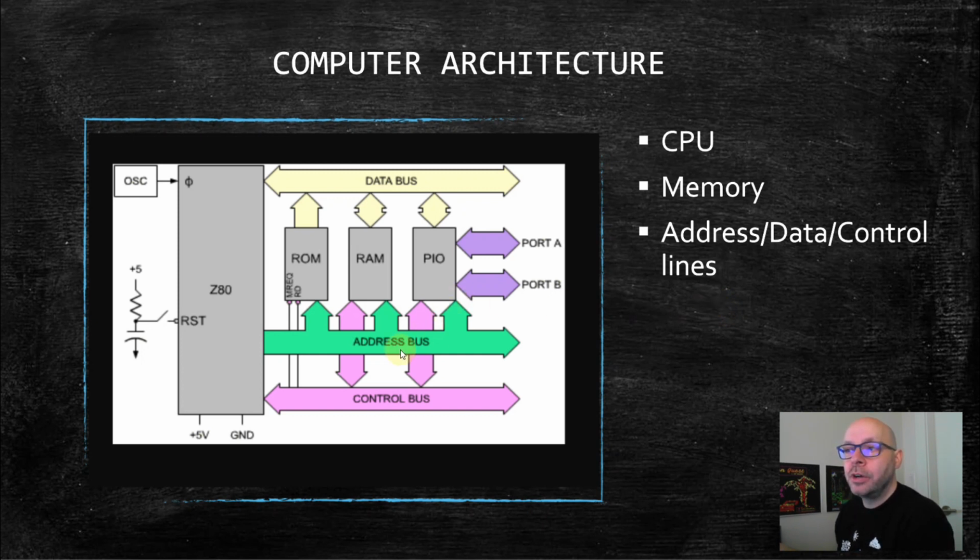As shown here in the diagram, we have an address bus, a control bus, and a data bus. So it's good to be familiar with at least a general understanding of how the computer architecture works and how the processor and the memory and these control buses all work together to make the computer operate.